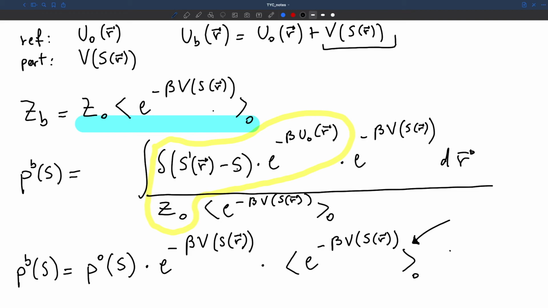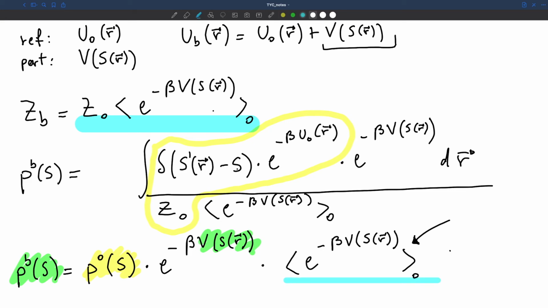So basically, with this expression, we now have a recipe that allows us to compute the unbiased probability density from the biased probability density and the bias. Here we have the biased probability density that is sampled, the bias that is known because it's set by us, and a normalization constant, which is this ensemble average, which we will discuss in more detail later on.